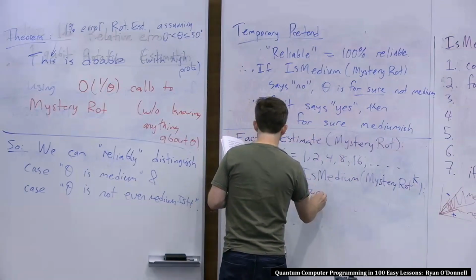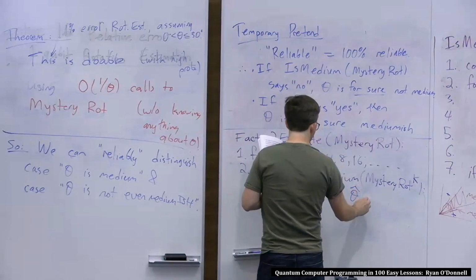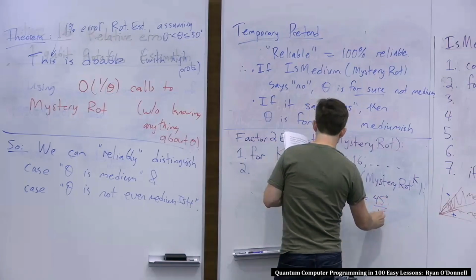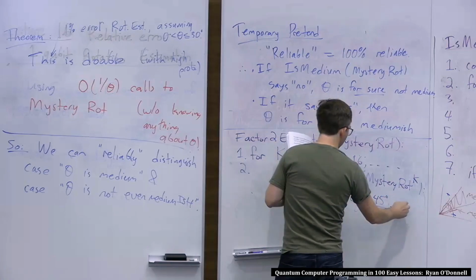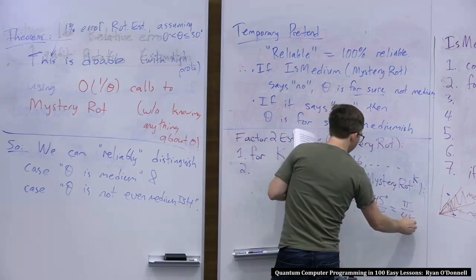Then return the phrase theta hat is 45 degrees divided by K, or pi over 4K.